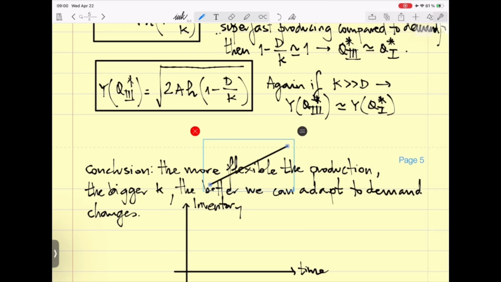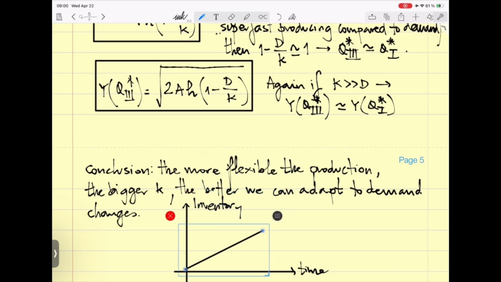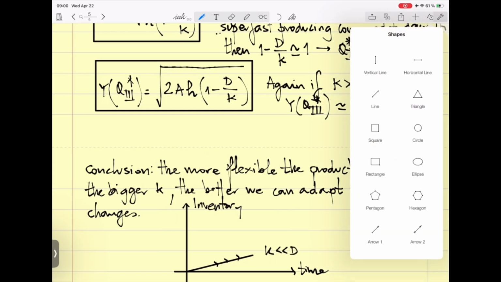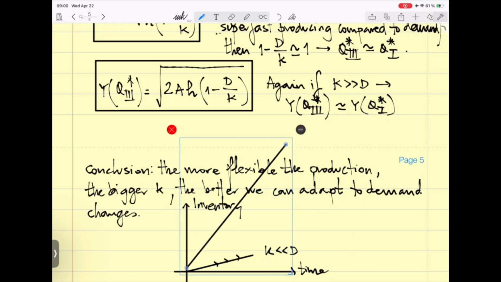If K is much smaller than D, we have this situation. If K is much bigger than D, we have this situation.